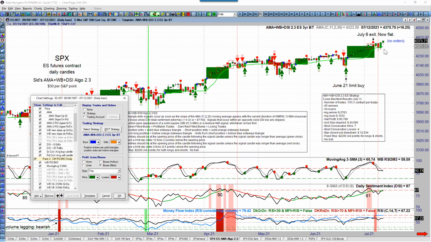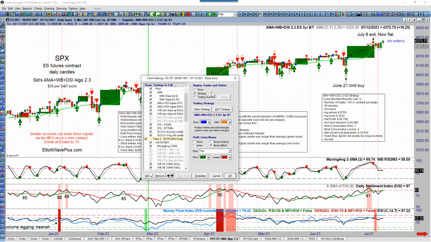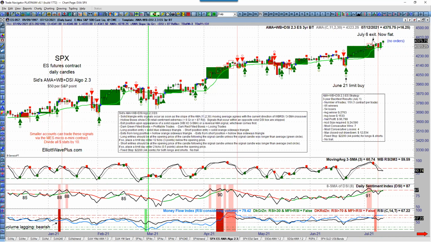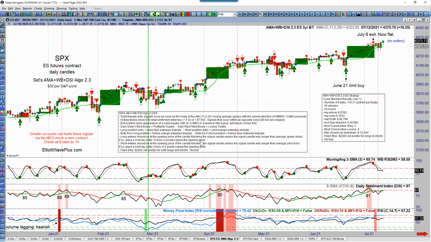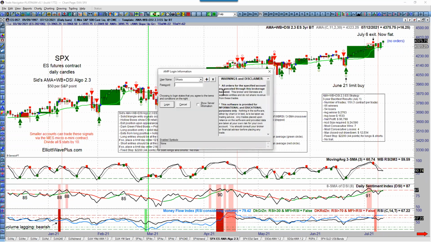I'll have to say, depending on what happens over the next 24 hours, it's possible that this algo will produce another buy signal. I'll show you. The streaming is off. So the last candle you're looking at right here was today's futures candle, but now we're into a new day on the futures, and there's a new candle forming.